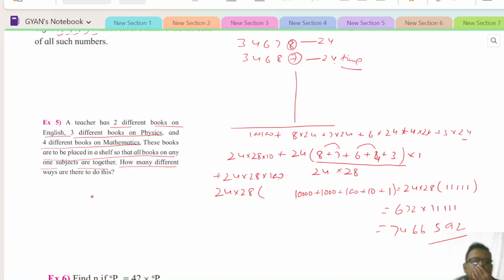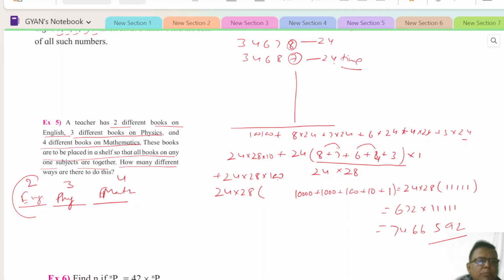Now how many ways? So suppose here physics, here English, here physics, and here mathematics. So English 2, this is 3, and this is 4 books.